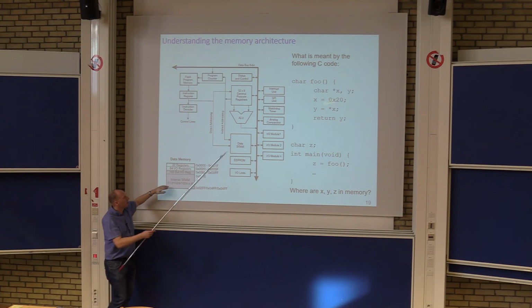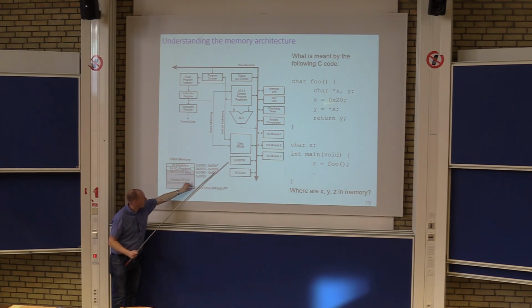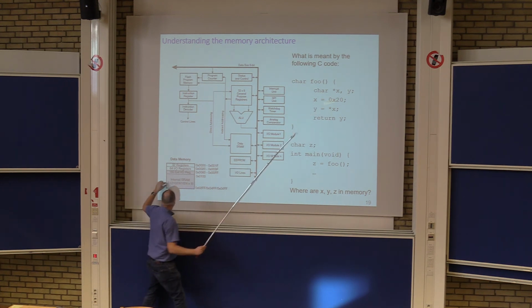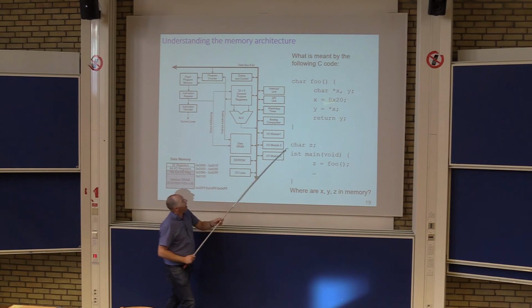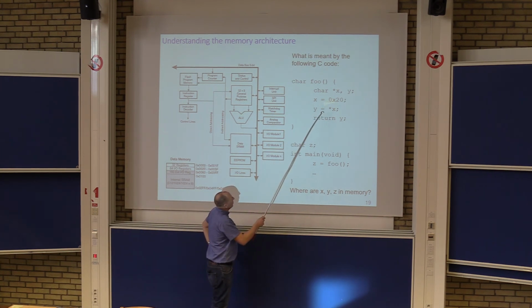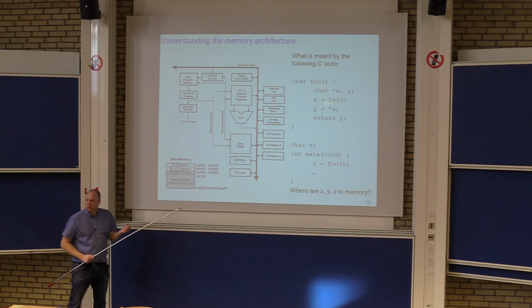So the first time, I assume that x will be put at this location, and then you will have y on top of that. Then you will do the computations here, and you will then return y. y is a value that is returned by this function foo, so this will also be put on top of the stack.